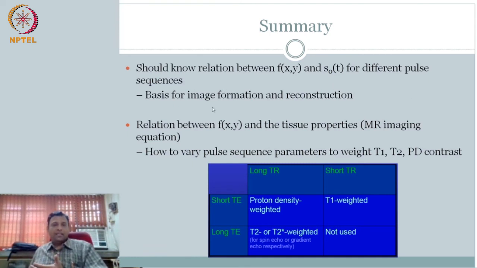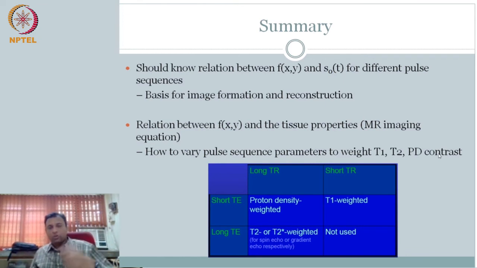Once you have that, basic image formation reconstruction is straightforward, right? This is the important aspect. So the relationship between f of x comma y and the imaging properties. That is, in f of xy we showed proton density, but we have already covered in physics how you weight the different time sequences of acquisition to different properties of T2, T1 weighted image.